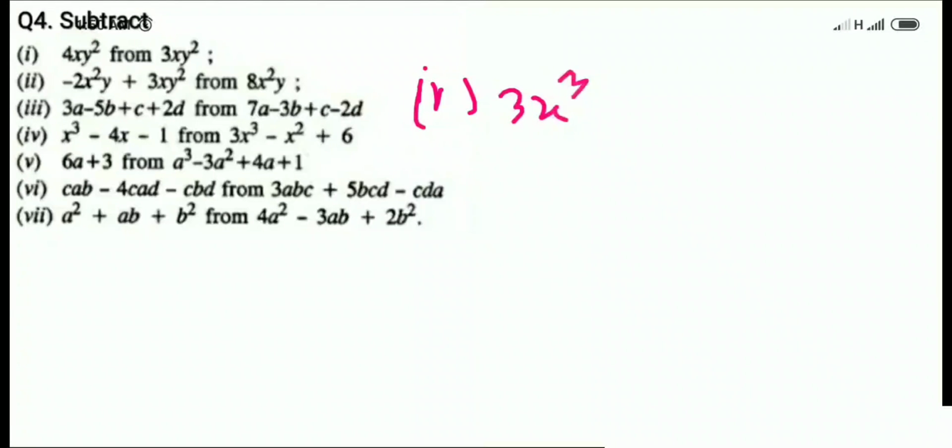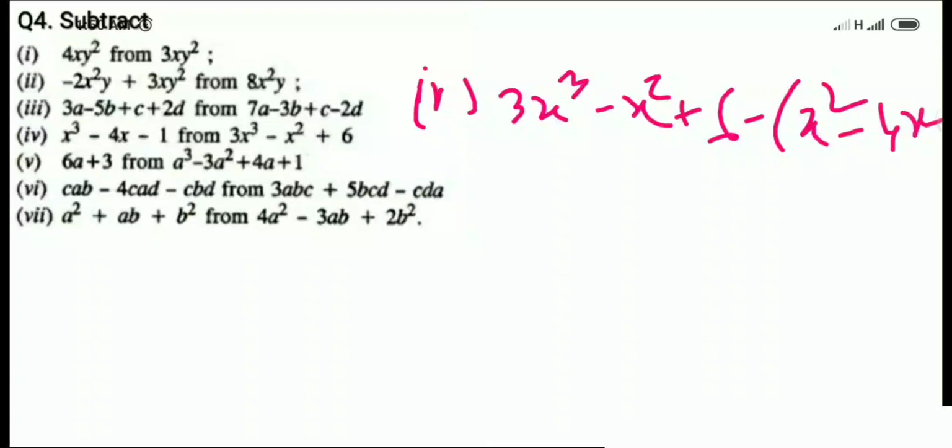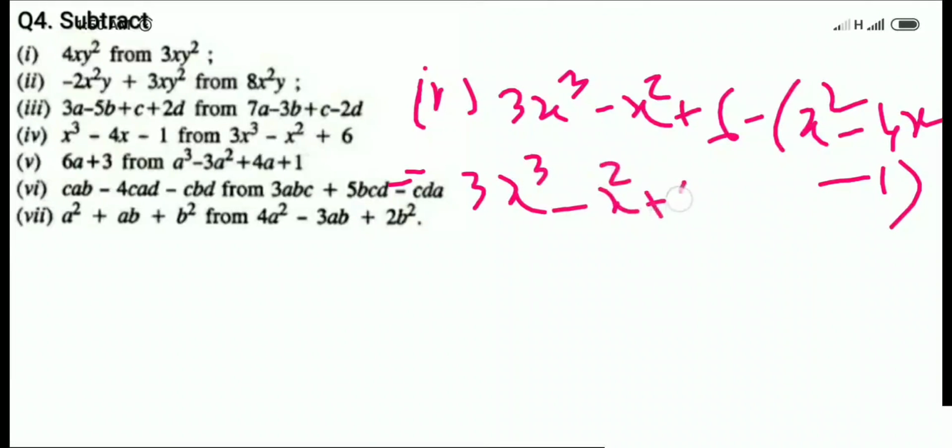3x cube minus x square plus 6 minus x square minus 4x minus 1. This becomes equal to 3x cube minus x square plus 6 minus x square, minus minus plus 4x, minus minus plus 1.